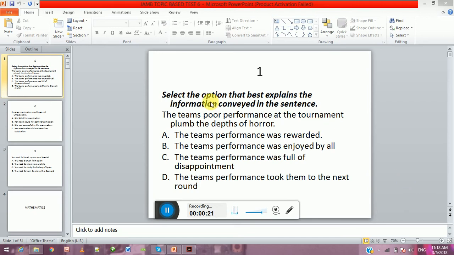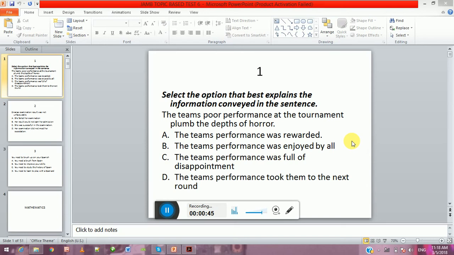We are starting with English language, and for the 3 questions that we are going to be giving for English language, select the option that best explains the information conveyed in the sentence. The team's poor performance at the tournament plumbs the depths of horror. Plumb the depth of horror.